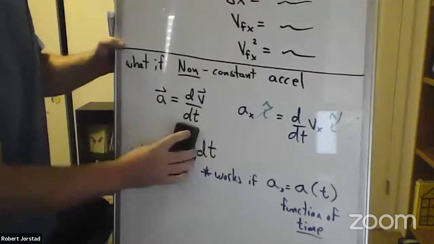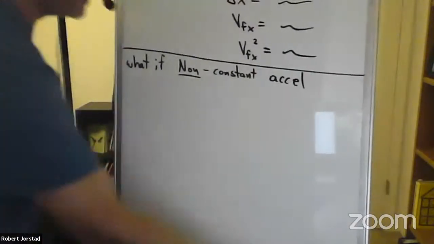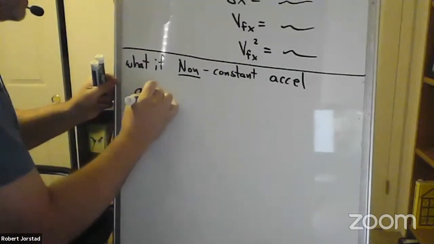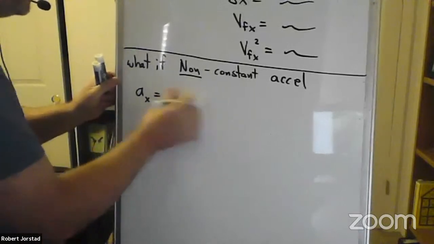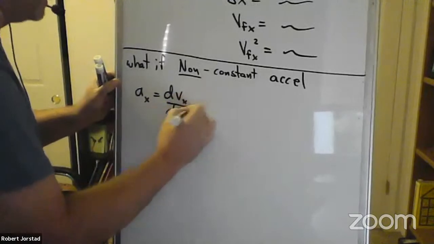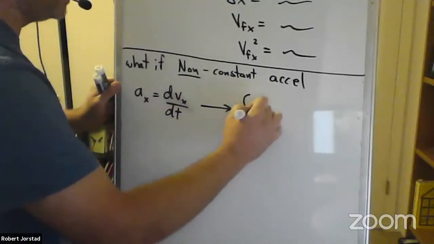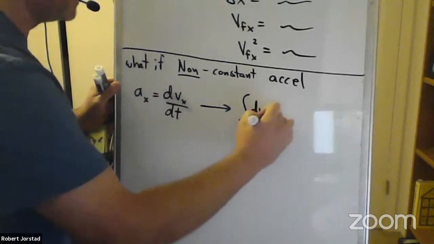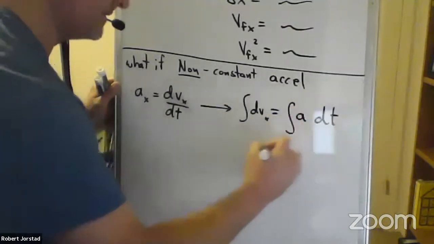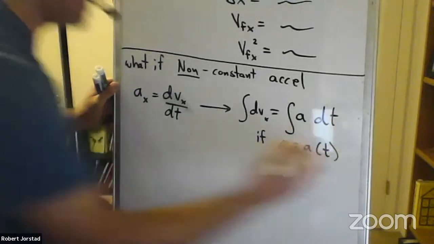So let's point this out. Just to summarize this, we could say a sub x equals dv dt takes us to the integral of dv is the integral of a dt if a equals a as a function of time.